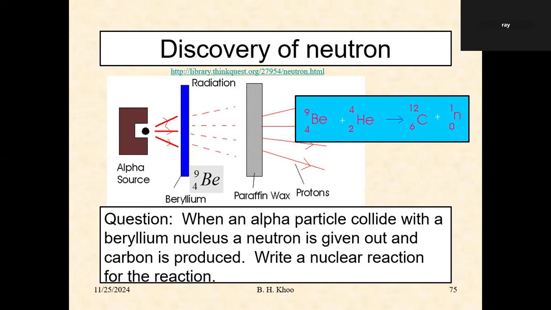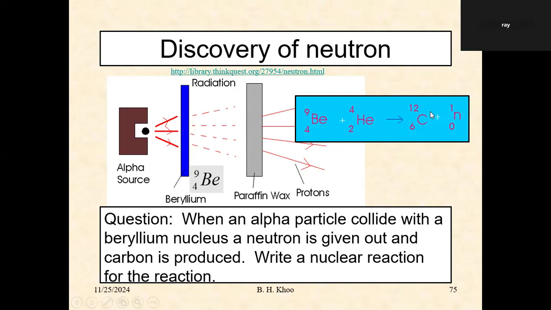Teacher, where does the helium come from? The alpha particle. Then you get a neutron. For carbon, the top numbers add together to 13, the bottom numbers add together to 6.